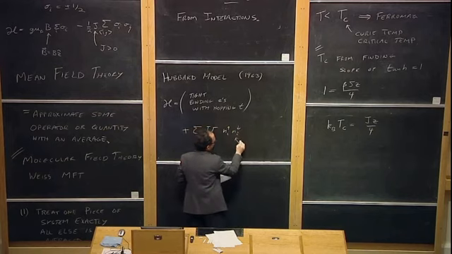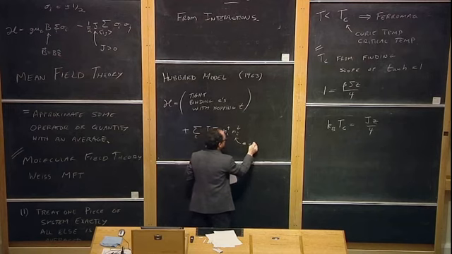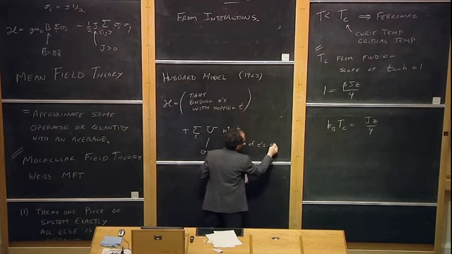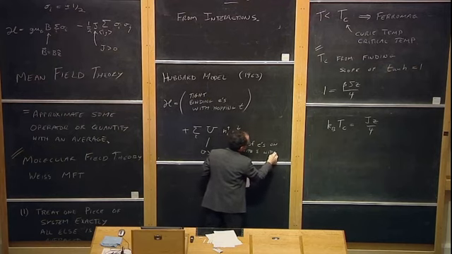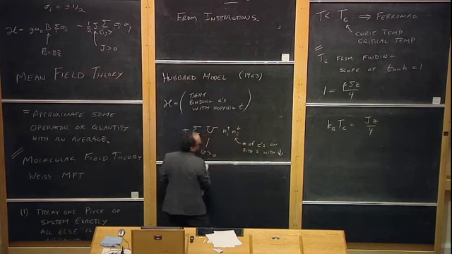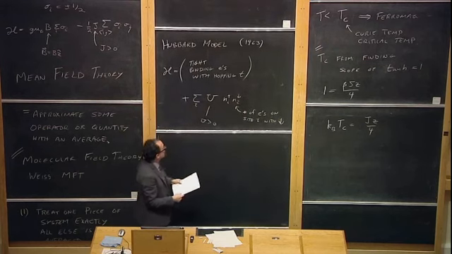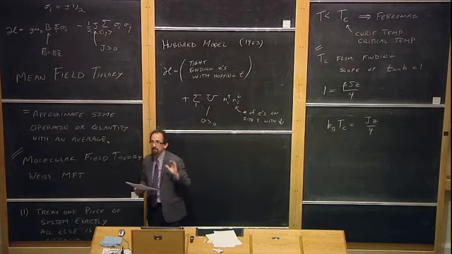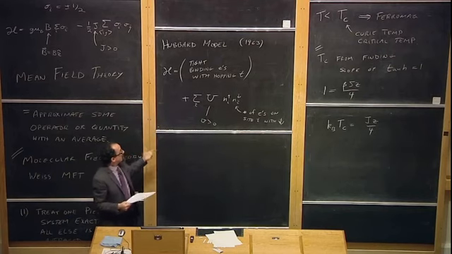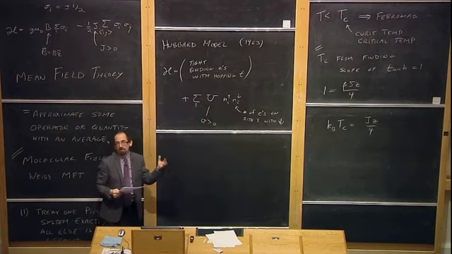So we can write this as n_i up times n_i down. What this is doing is it's just telling you that you get an energy penalty of U whenever two electrons sit on the same atom, on the same site.